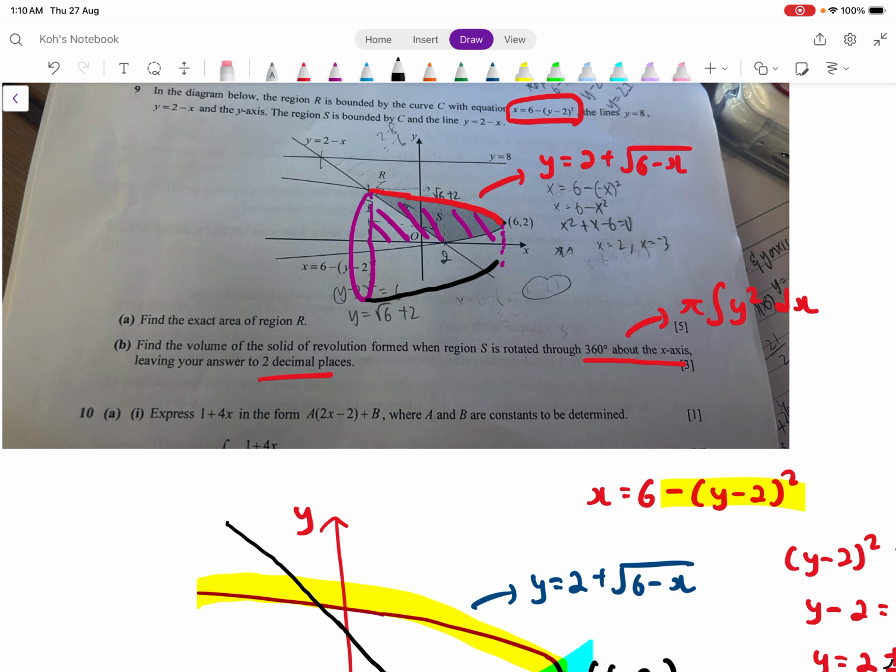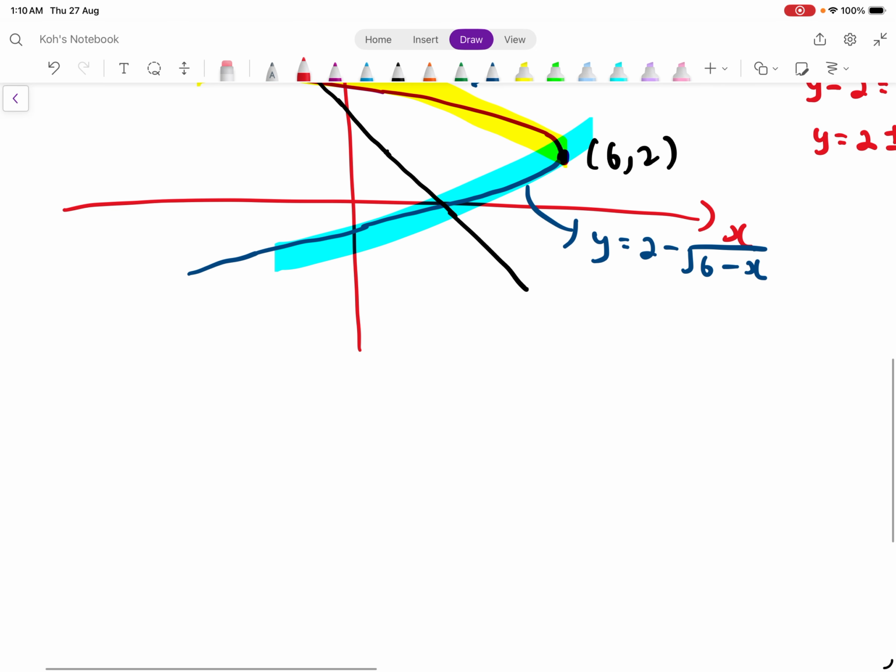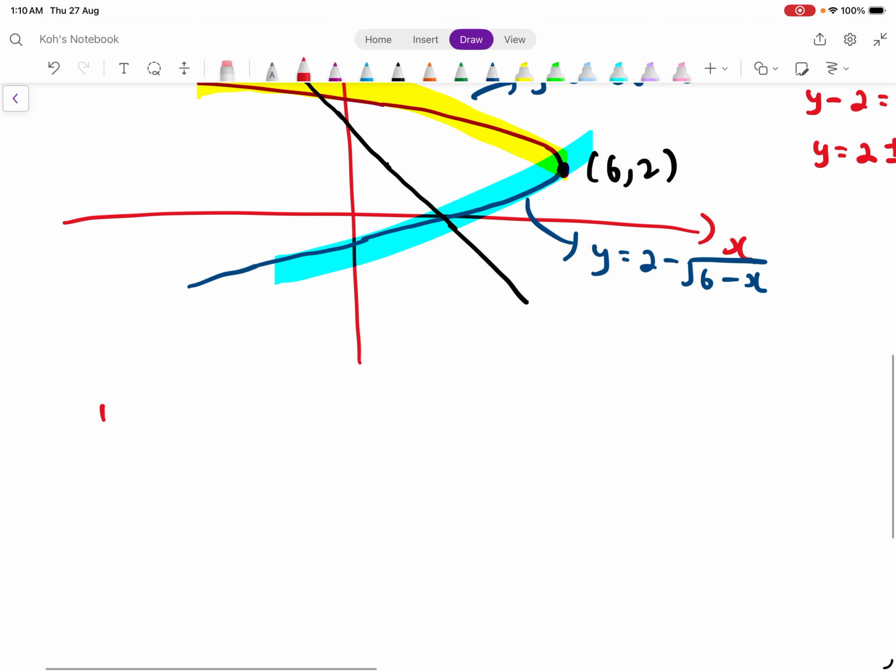Meaning you just need to use the GC later. You integrate from negative 3 all the way to positive 6. So the first part of the volume will be pi integral from negative 3 to 6.